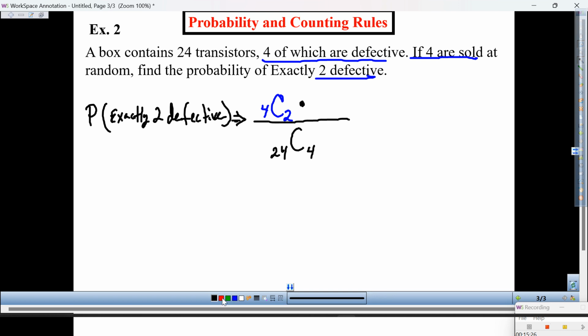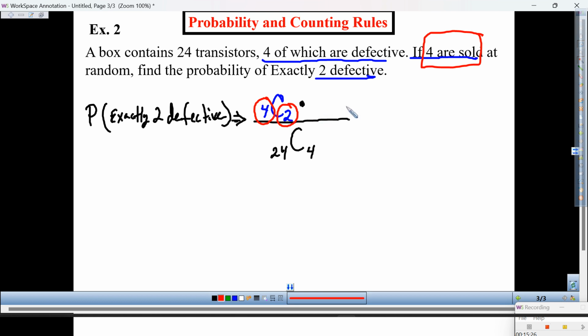Okay, so if we already accounted for the 4 of them that are defective, and 4 of them are being sold, that means this is only accounting for how many? 2. So how can we write that exactly 2 are defective? What do you think we would write? Remember, this is the total of totals. This is how many are defective.